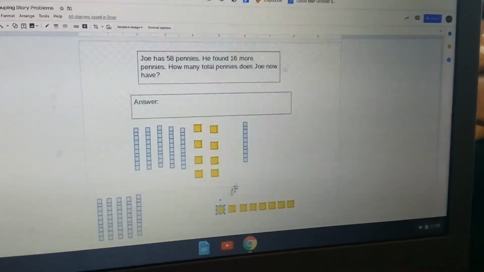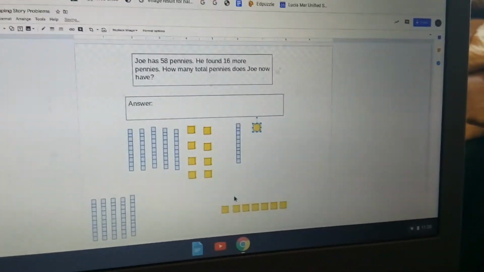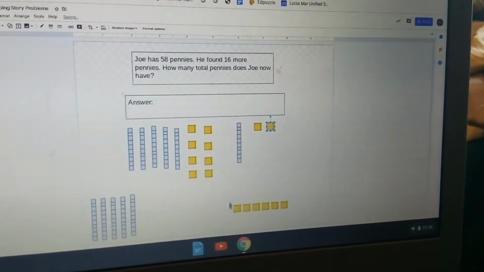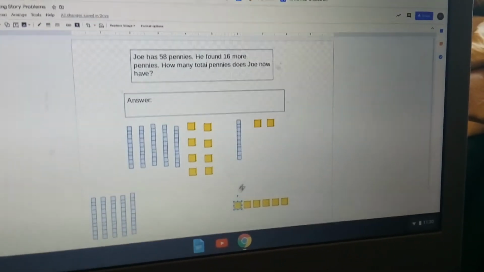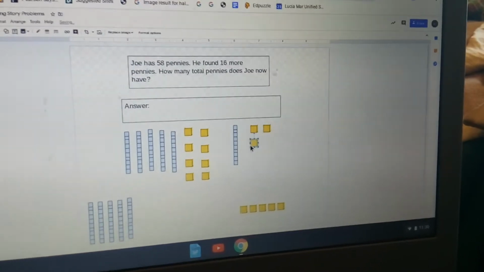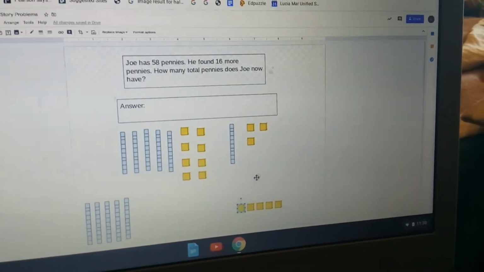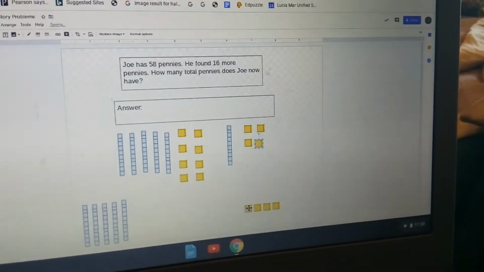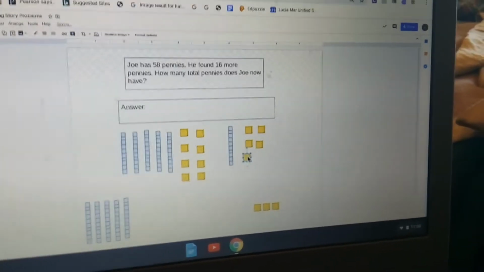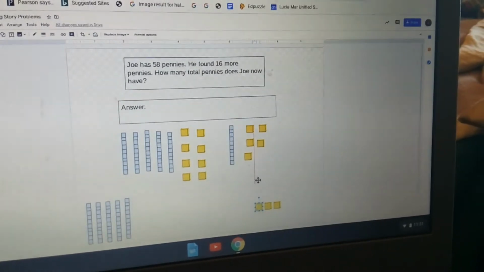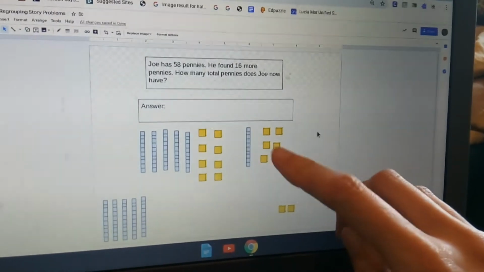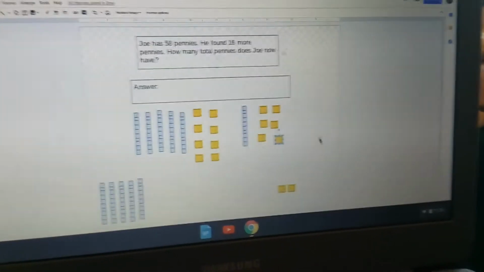And I can count on, so I got 10, ready? 11, 12, 13, 14, 15, and 16. And when looking at that, I see I have 1, 2, 3, 4, 5, 6 ones.